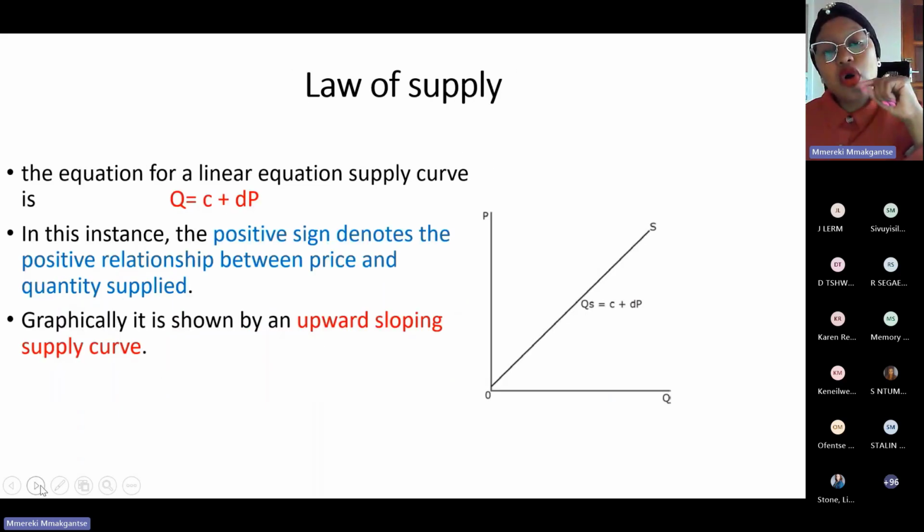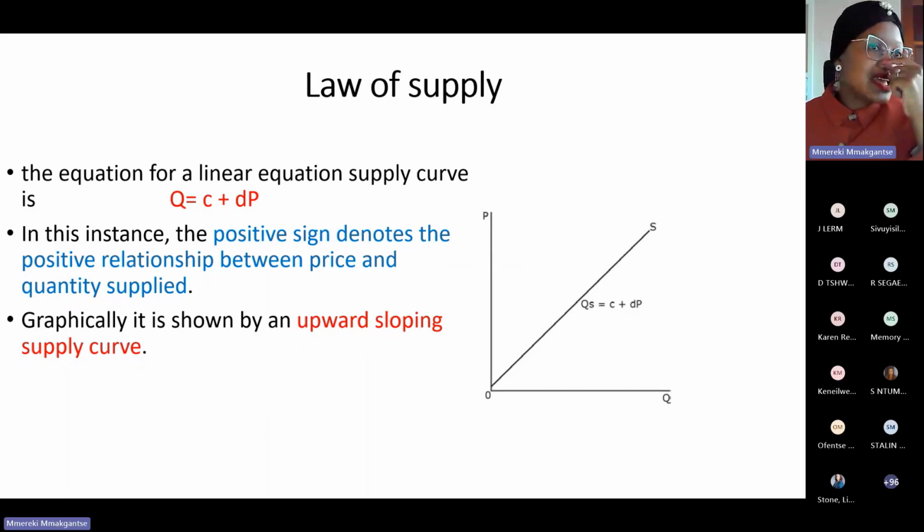So now the law of supply. This is the linear equation for a supply curve. For the supply curve, there's a positive relationship.